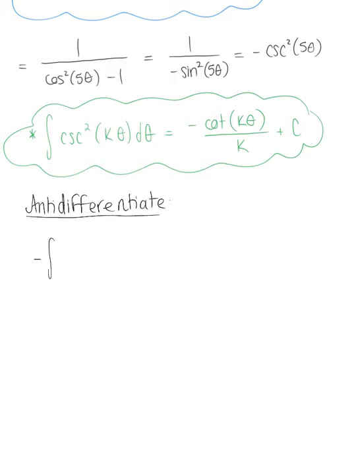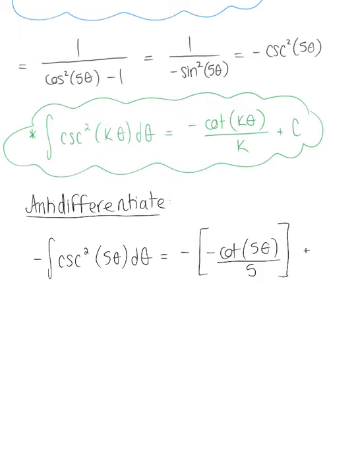We have minus the integral of cosecant squared of 5 theta d theta. So this becomes minus a minus cotangent of 5 theta, all divided by 5, plus some arbitrary constant c. And we see negative times a negative will produce a positive value, leaving us with a beautiful final answer of 1/5 multiplied by cotangent of 5 theta plus c.